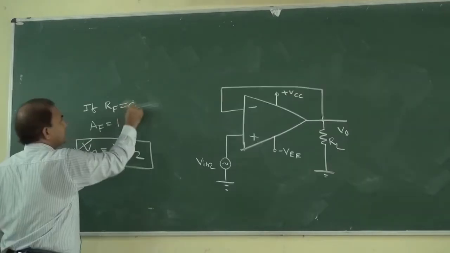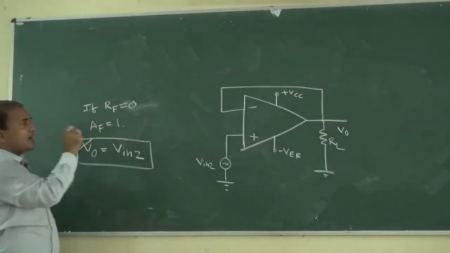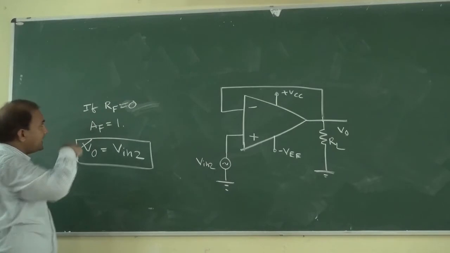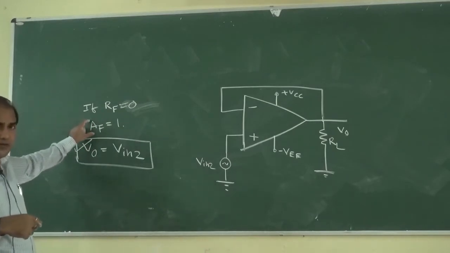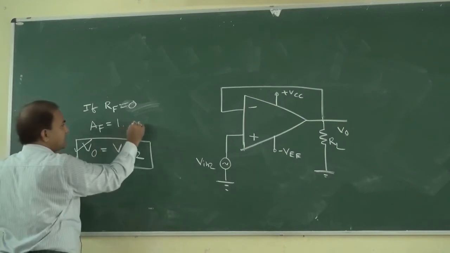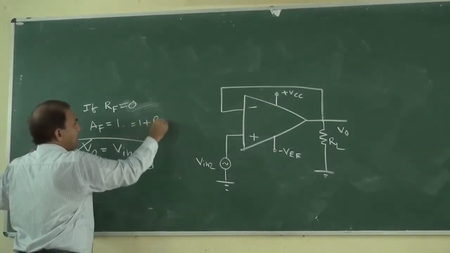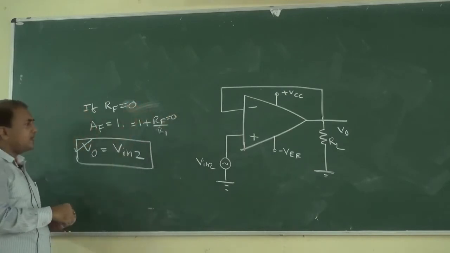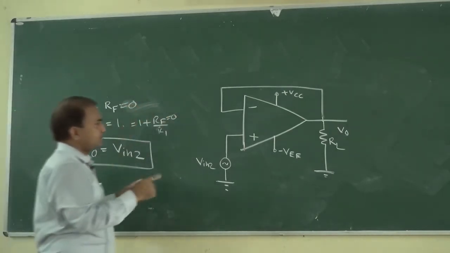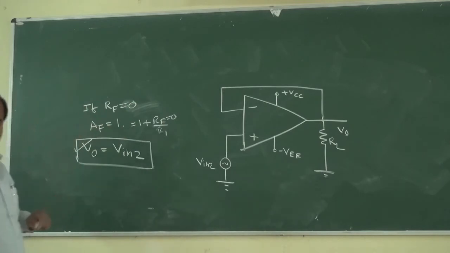Okay, suppose if RF is equal to 0 and we are neglecting R1, then in that case AF is equal to 1, because AF is equal to 1 plus RF by R1, making RF equal to 0. So in that case the circuit will look like this.